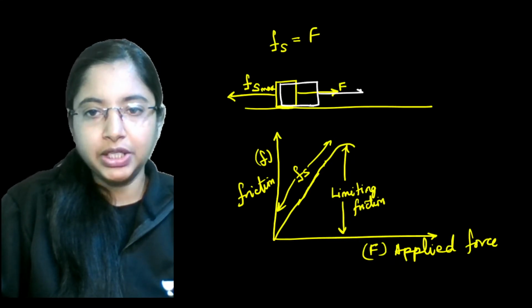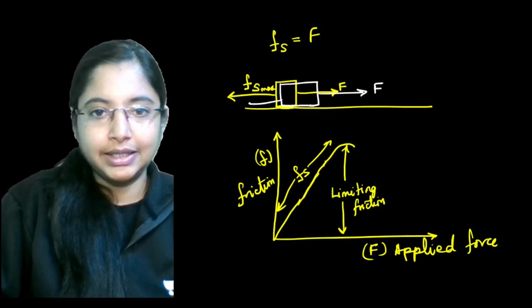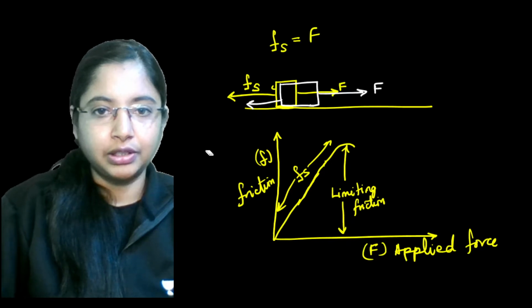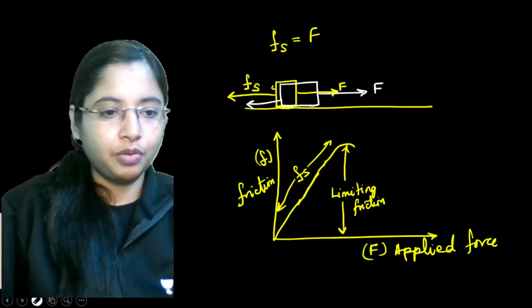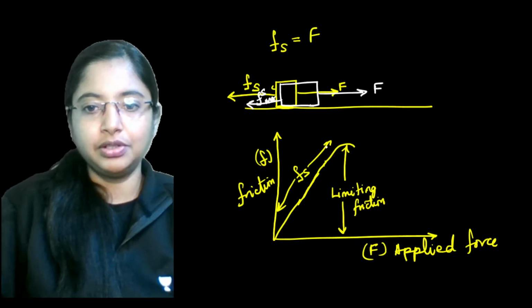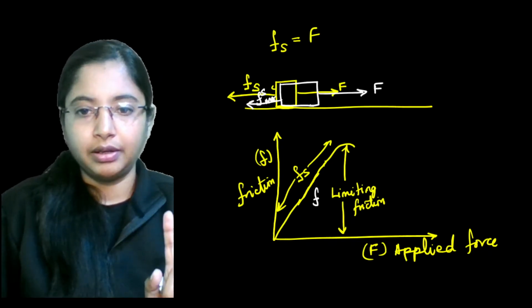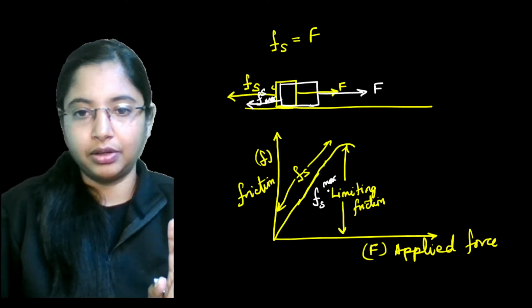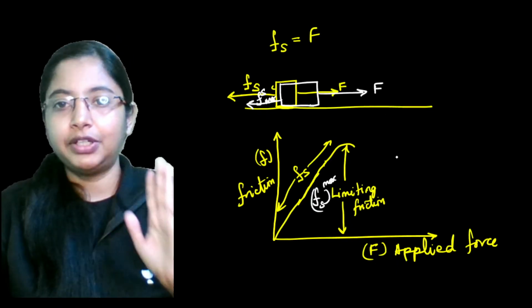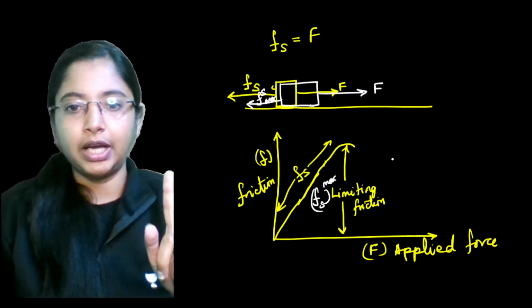This object has an applied force in this direction. This side, what we are saying is your static limiting friction, which means the object has started to move. Fs max is your limiting friction. Now, if it has started to move, right after the object starts moving, what happens?